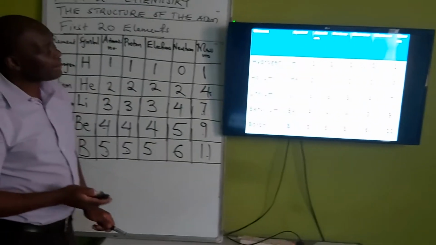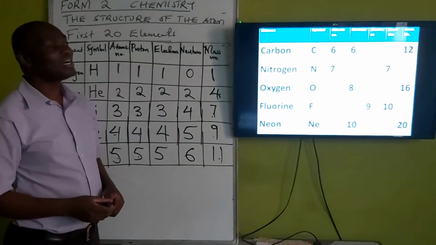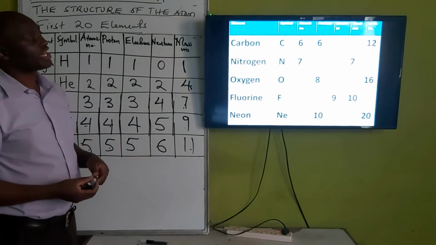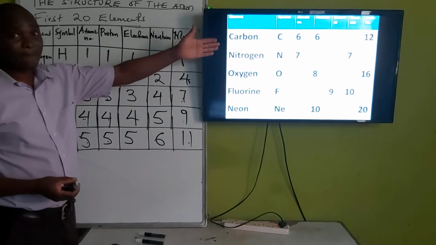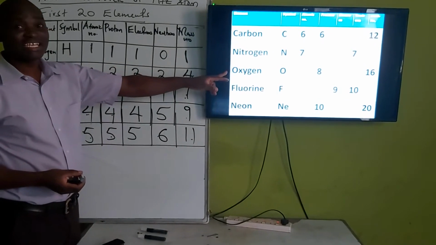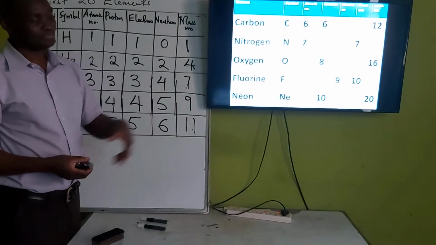The second part of our table will be your assignment now. You can use that one to check whether you have gotten something. So you can fill in for carbon, nitrogen, oxygen, fluorine and neon.